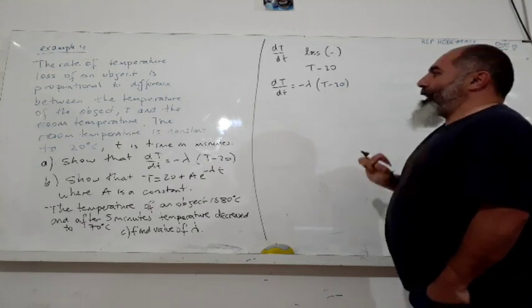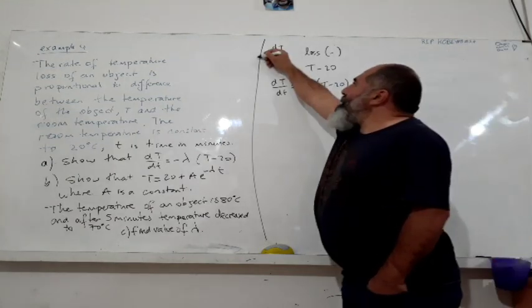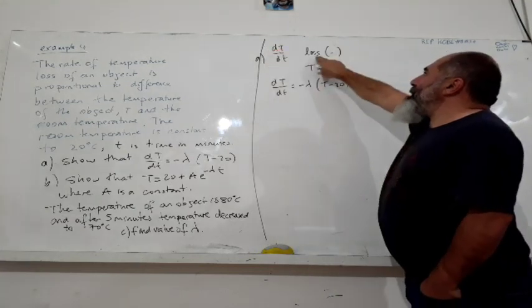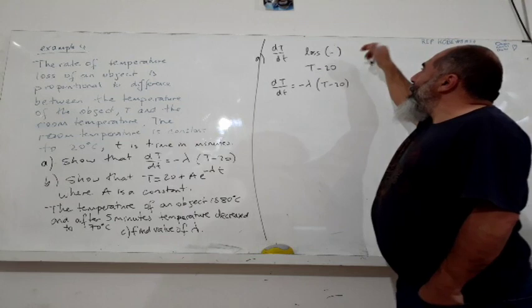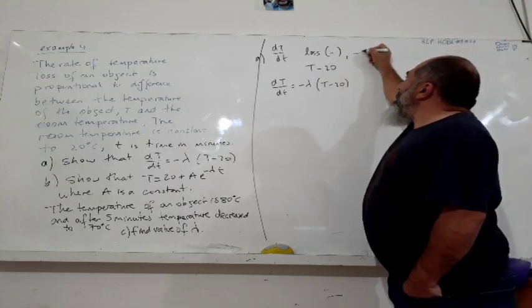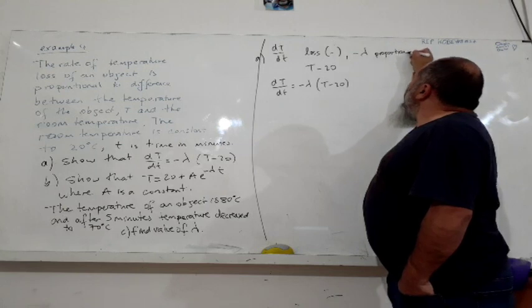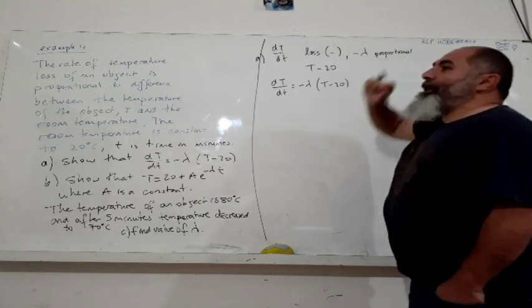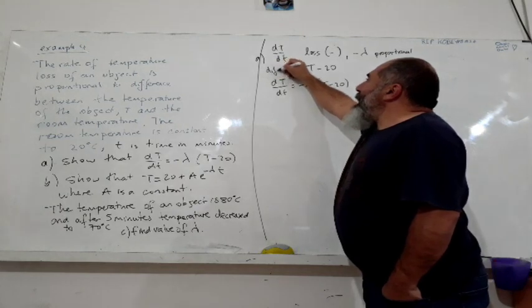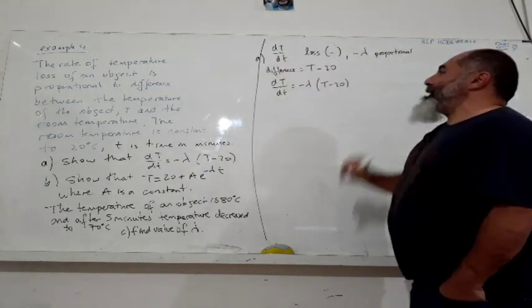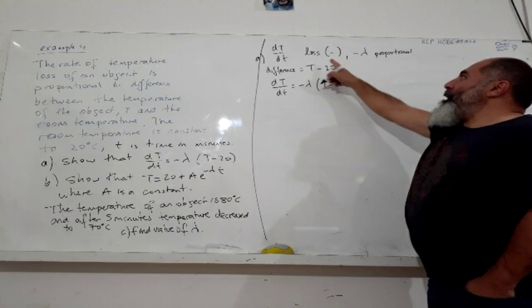You have to mention that the loss is negative and it is proportional, and I use lambda as the proportionality constant, and we have to mention that we have a difference here between the temperature of the object and the temperature of the room.